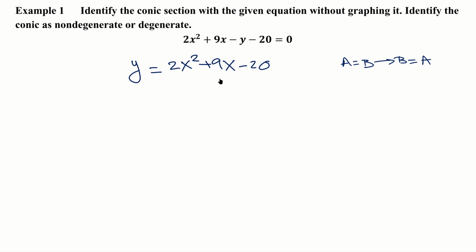We recognize this. There's not much work that's needed at this point. We know we've studied these in great detail. So here we can go ahead and confidently say this is a parabola. And it's definitely one of the non-degenerate conics, because we are asked to identify that as well.